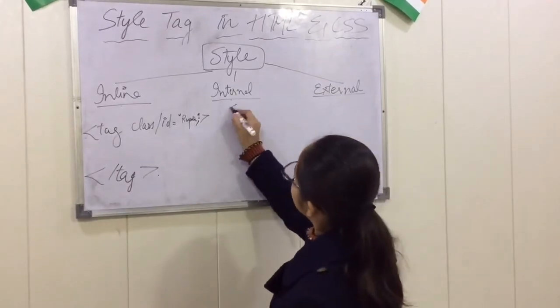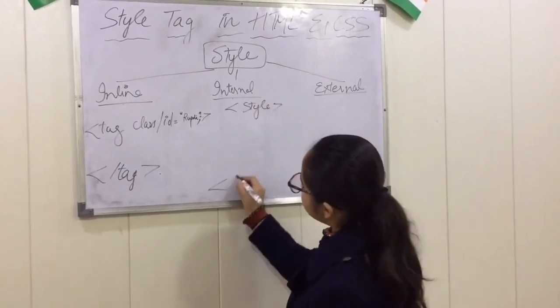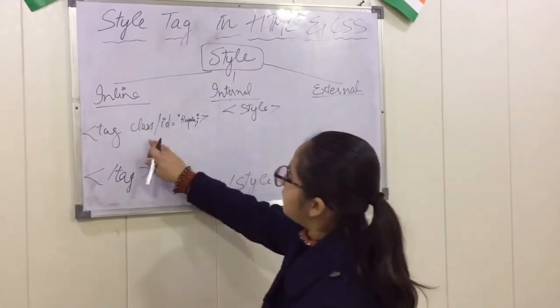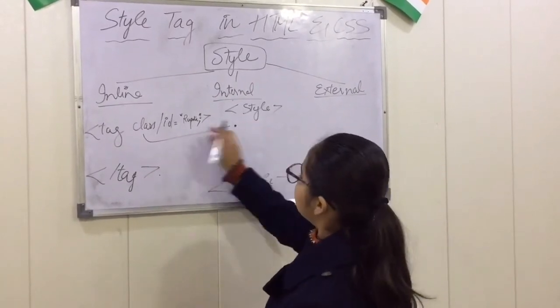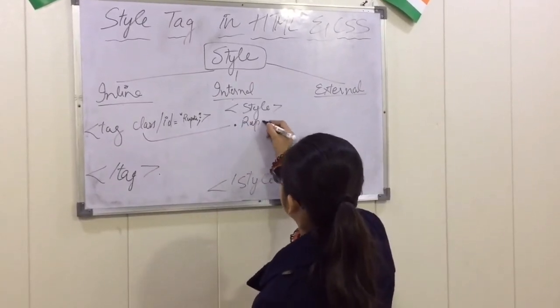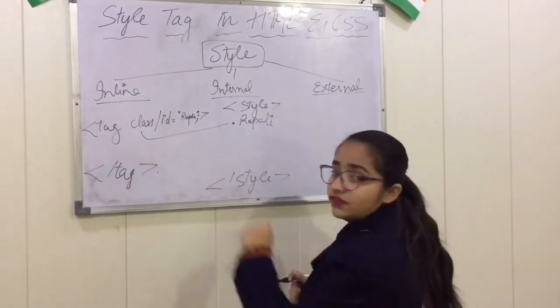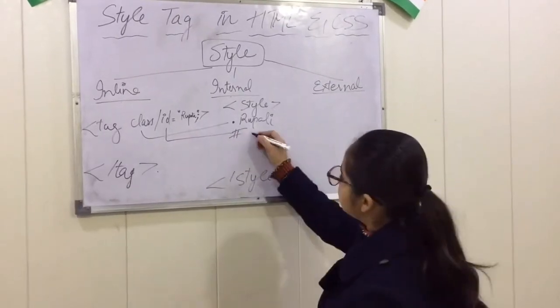In this we will start the style tag and close the style tag. Now if we are calling the class, it will be done as dot and the value, that is Rupali. Or if we are taking our id, it will be done as hash Rupali.